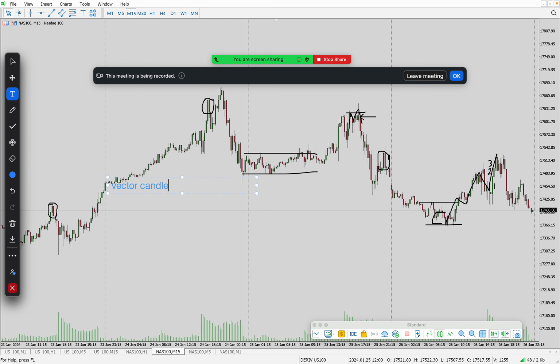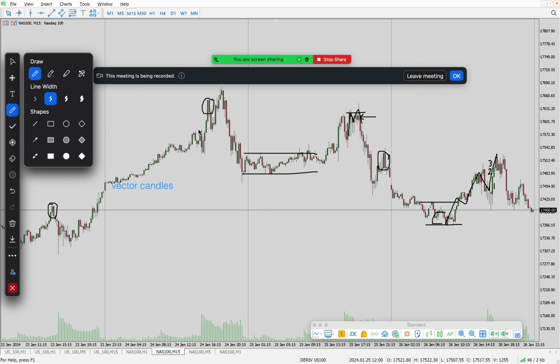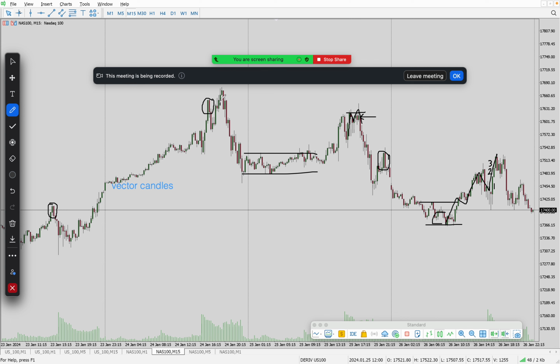Vector candles. What this simply means is it suggests size, volume, and direction. So in this case, we got vector candles pushing to the high side, AKA momentum. I usually call them momentum candles. Yes, the big candles. So 1, 2, 3.